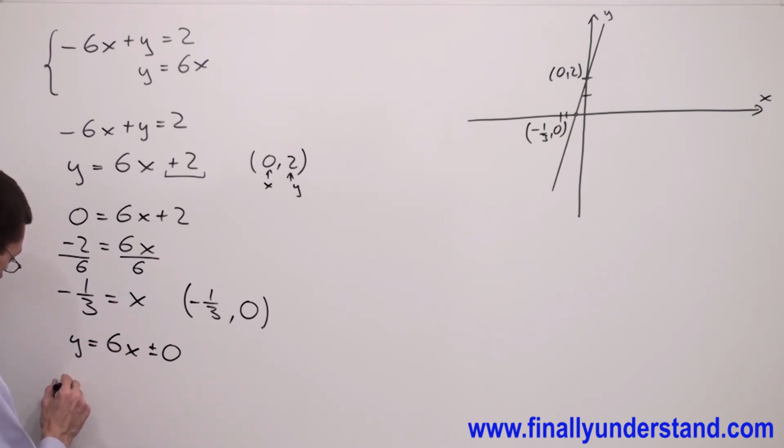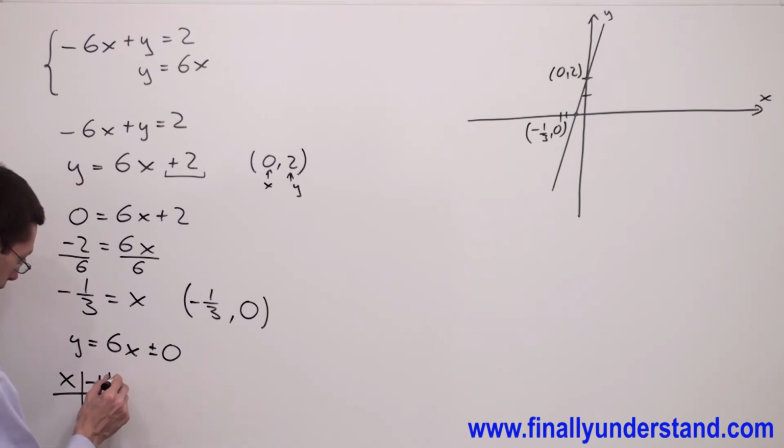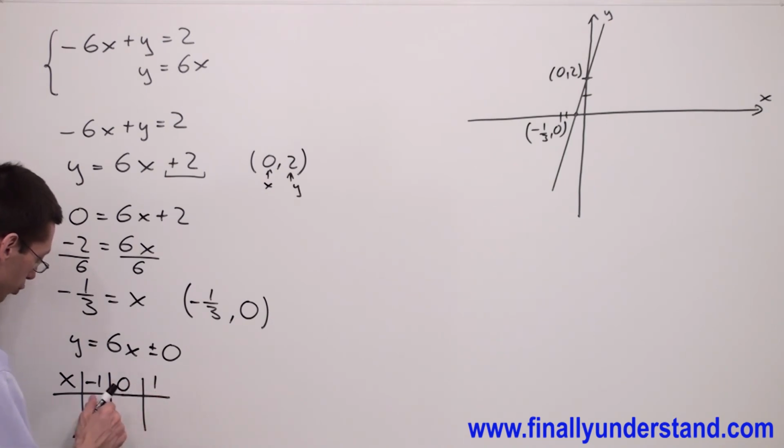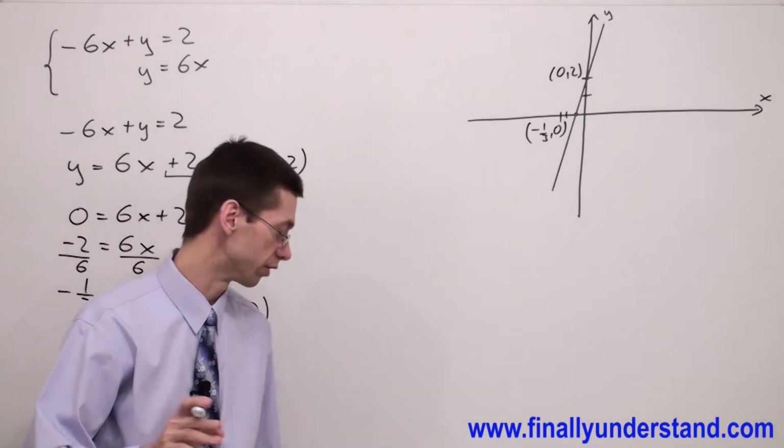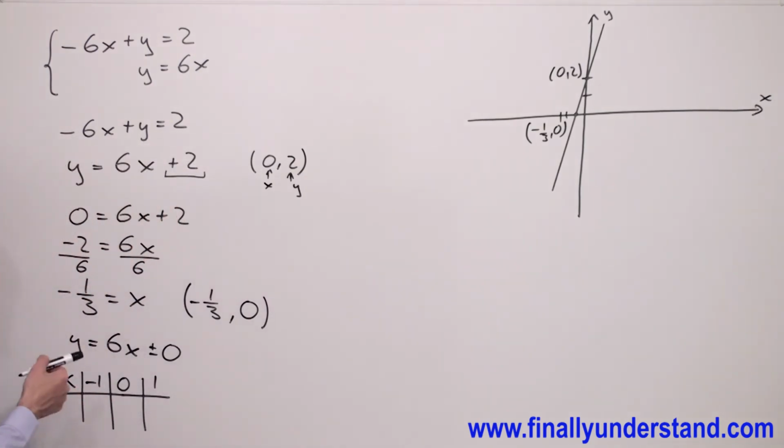So let's say I have x equals, for example, -1. I can make it 0, and I can have 1. You're not supposed to make 3 points, but the third point is like an extra point to verify if everything is going fine. So find the values of y for the corresponding values of x.